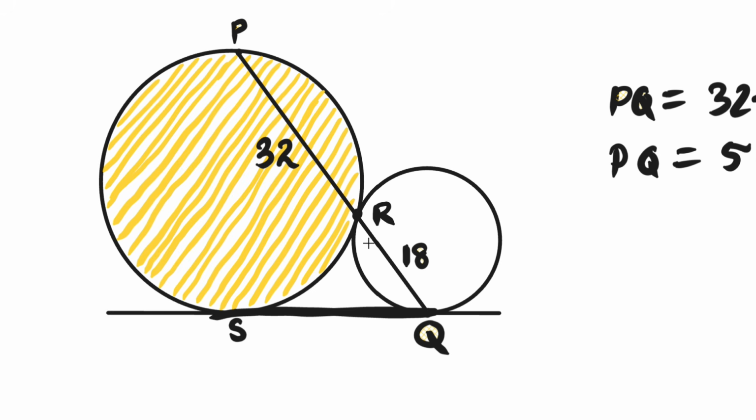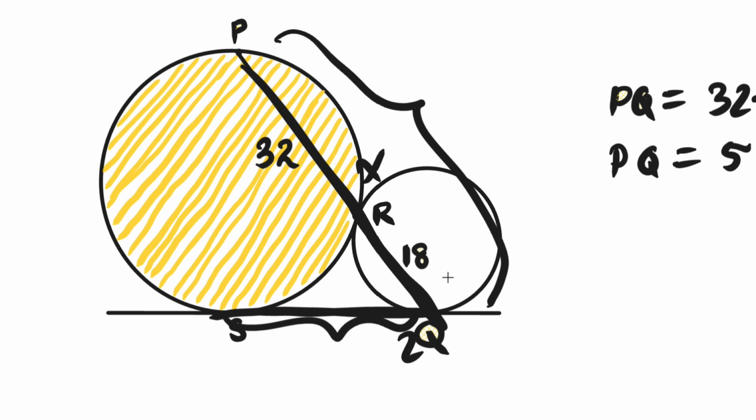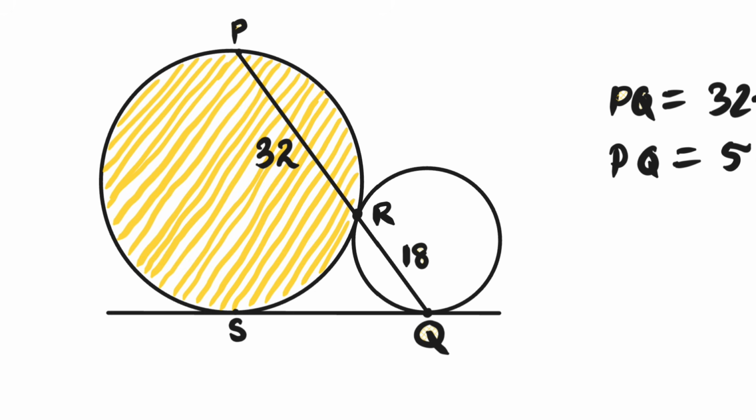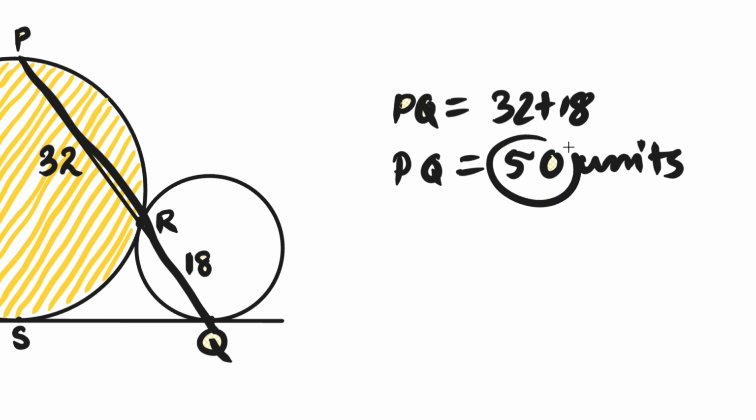The tangent-secant theorem says that the square of the tangent length equals the external part of the secant multiplied by the entire secant length. Here, the external part is QR, which is 18, and the entire secant is QP, which we just calculated as 50.